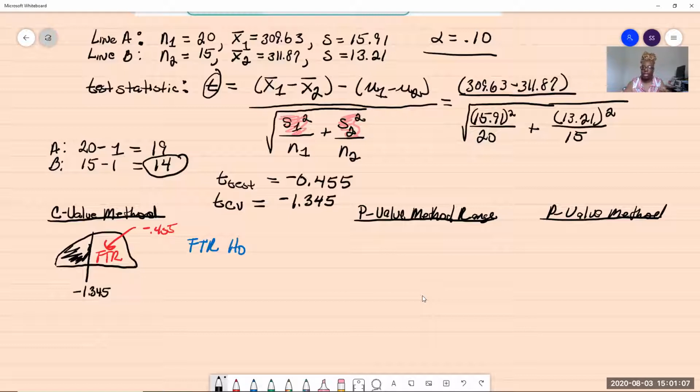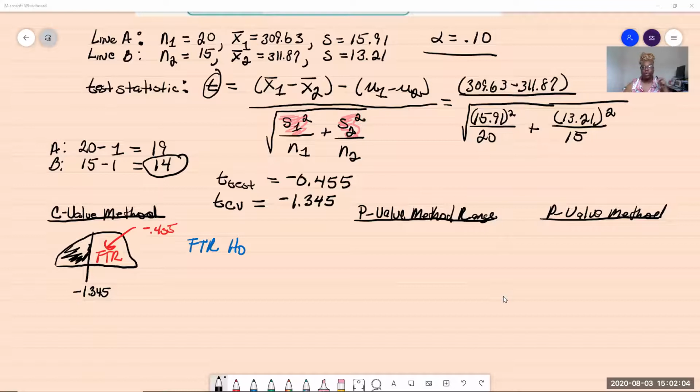No area under the curve in a t-chart, all right? So you can't get an exact p-value like you can when you're using a z-chart. So for a t-chart, since there's no area under the curve, what we can do is find what's known as a p-value range.